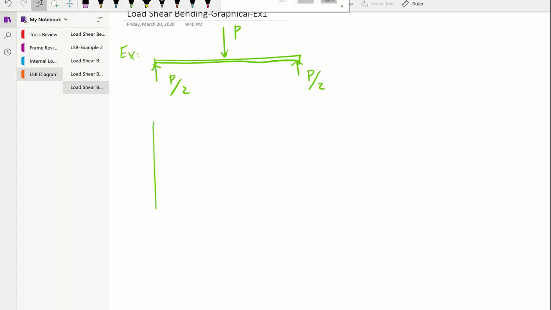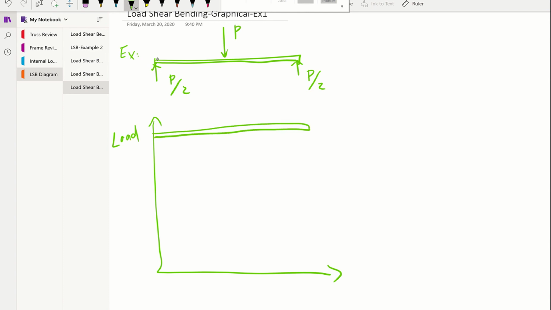So directly jump into our tiers. The first tier is our load. For our load, like we said, it's basically your FBD. We just copy that down right here.